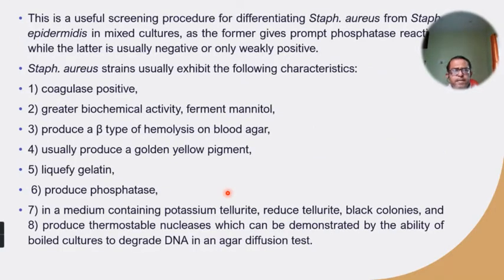Now, we can easily differentiate Staphylococcus aureus from Staphylococcus epidermidis by using this phosphatase test. Staphylococcus aureus is capable of producing the phosphatase enzyme, and when its colony is exposed to the vapors of ammonia, it shows the bright pink color. The Staphylococcus epidermidis colonies are not able to.